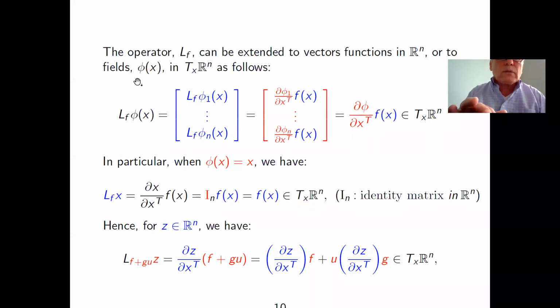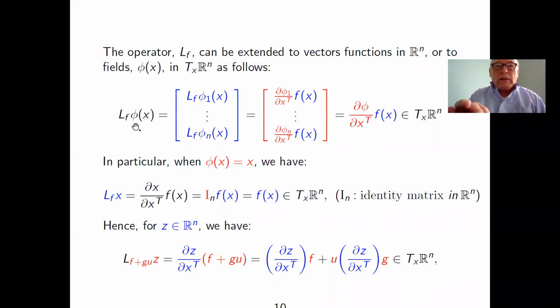It can also act on vector functions of the state. If you have a vector phi which has n components, say phi 1 all the way to phi n in n dimensions, we can stack up all those directional derivatives and define what we mean by the directional derivative of a vector with respect to the vector field f. So this is, in a sense, derivative of a vector in the direction of another vector.